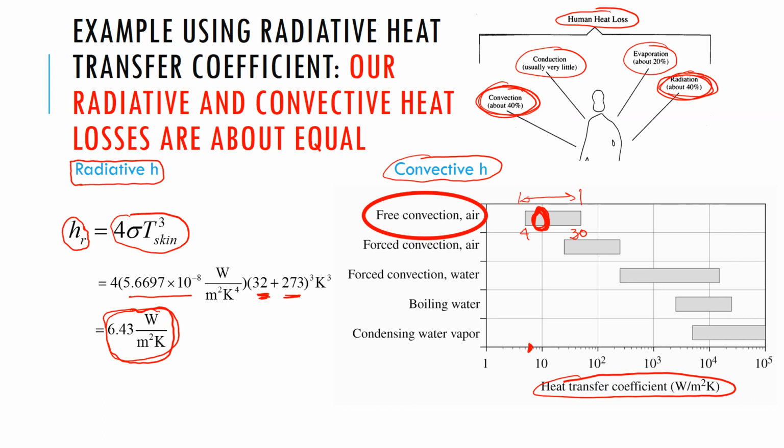That's certainly what we see, that the convective heat transfer coefficient for convective heat loss and the radiative heat transfer coefficient for radiative heat loss are about the same order of magnitude. So this kind of justifies what we normally see or have been reported, that convective loss and radiative losses are about equal.